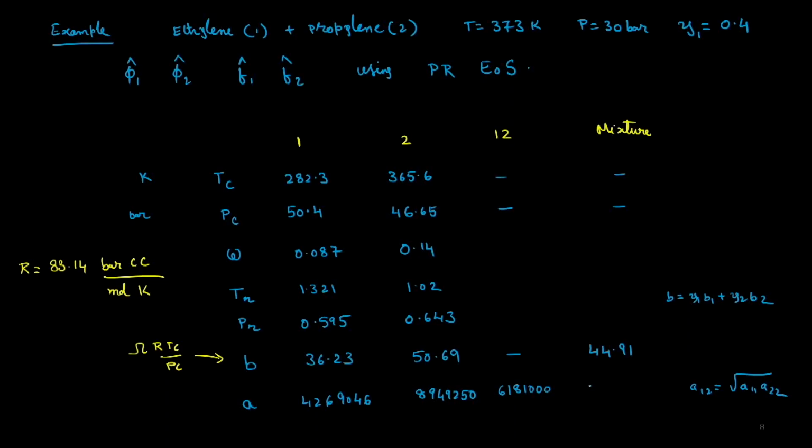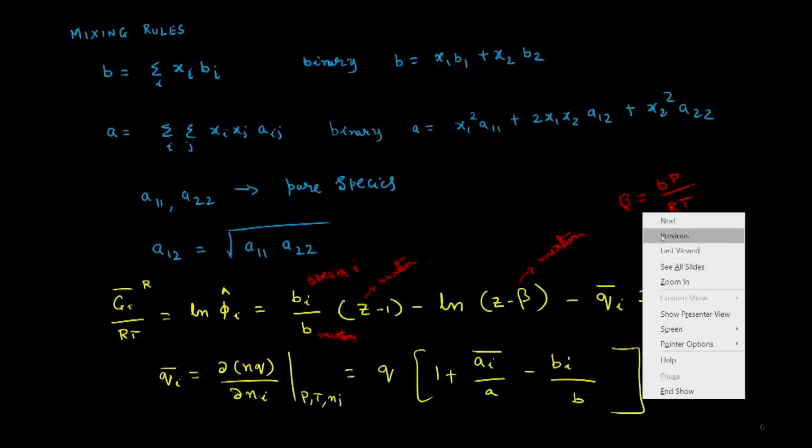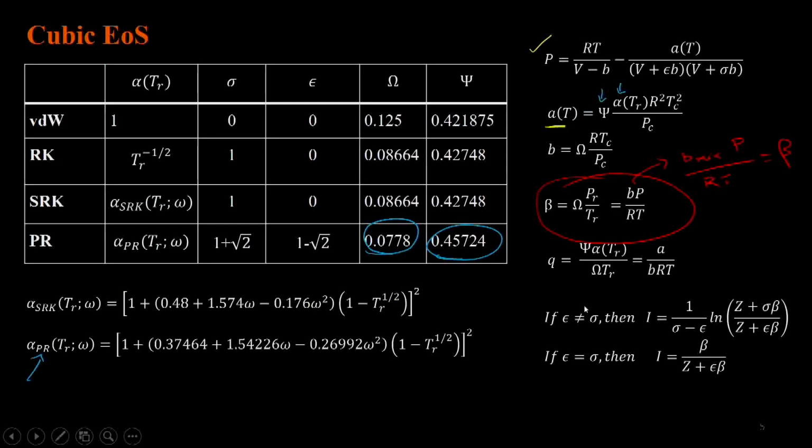And for the mixture, it is a quadratic mixing rule. This value turns out to be 6871657. A is x1 squared A11, or rather, since we're using y's here, it's y1 squared A11, y2 squared A22 plus 2 y1 y2 A12. That's the equation I have used to get A for the mixture. So these are the numbers I have for A and B.